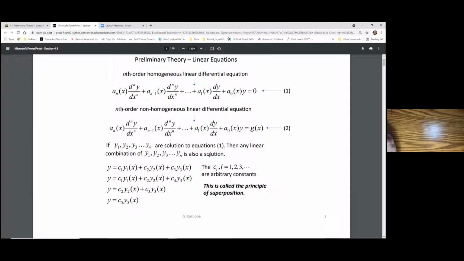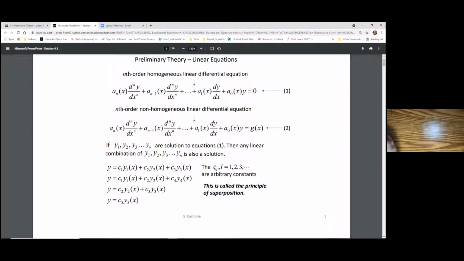So for example, if I had a fourth order differential equation, then C1 times y1 plus C2 times y2 plus C3 times y3 would be a solution. So any linear combination would be a solution. If I had a fifth order differential equation, well, this will be a solution plus any linear combinations of these.